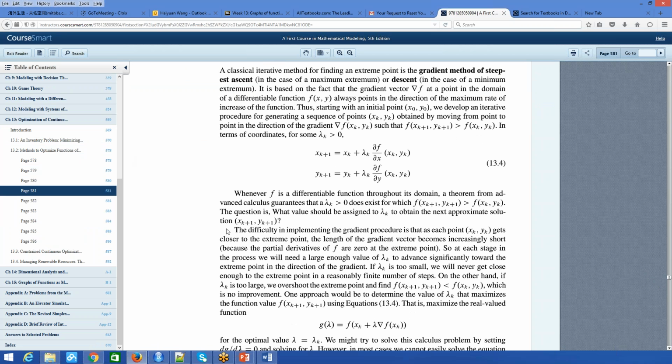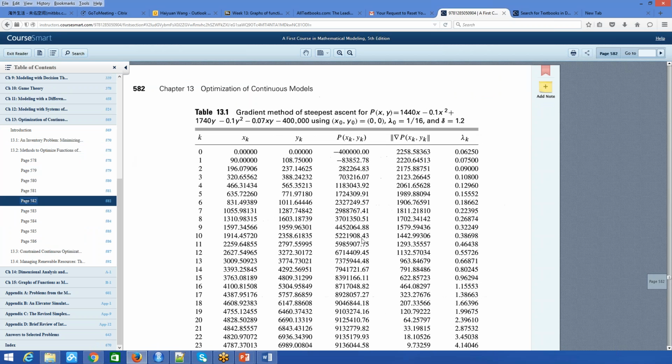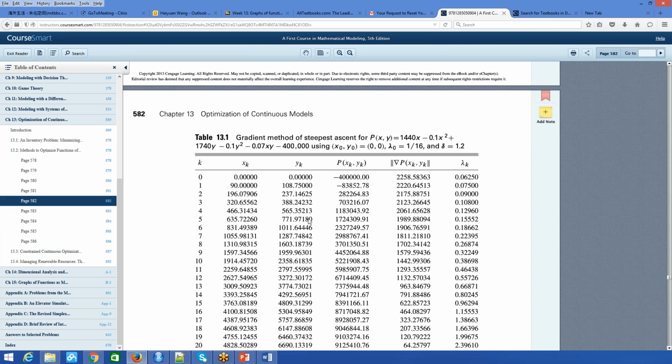I'm referring to the table on page 582. Okay, 582. How the fifth column is calculated, I cannot do the calculation. That's my question.